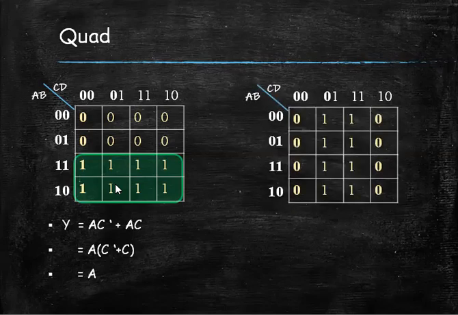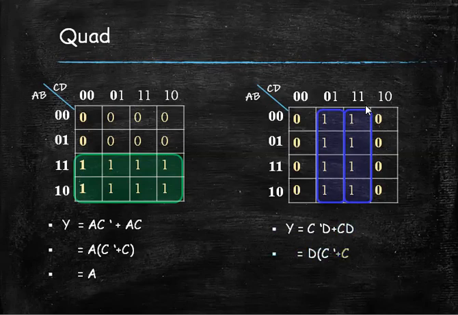Here two vertical quads are adjacent. We know that the first one is C bar D, and this is CD. Then Y is C bar D or CD. It must be equal to D.